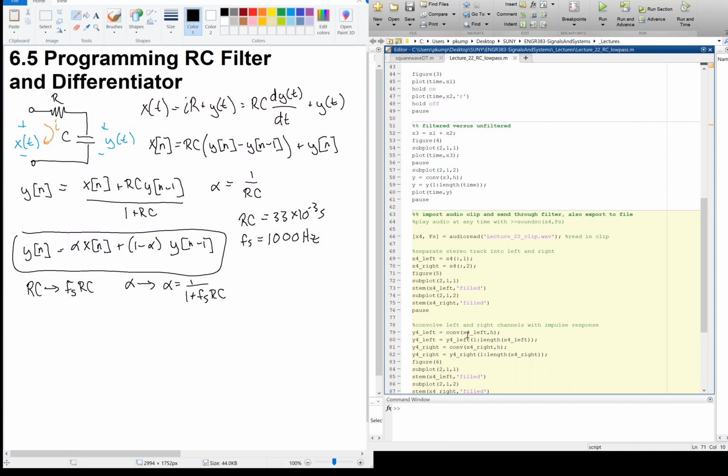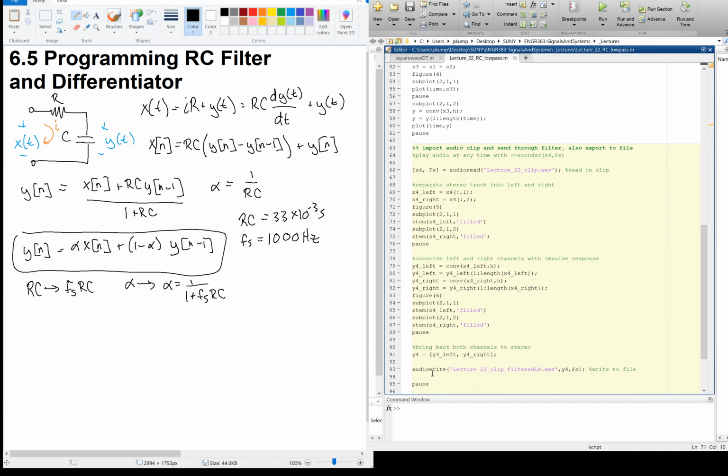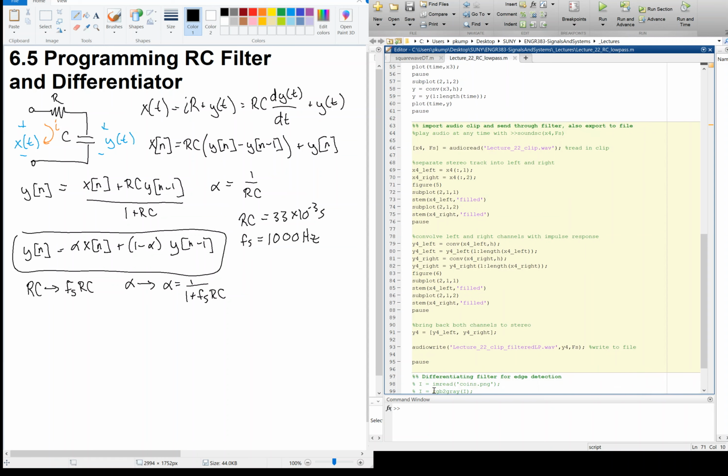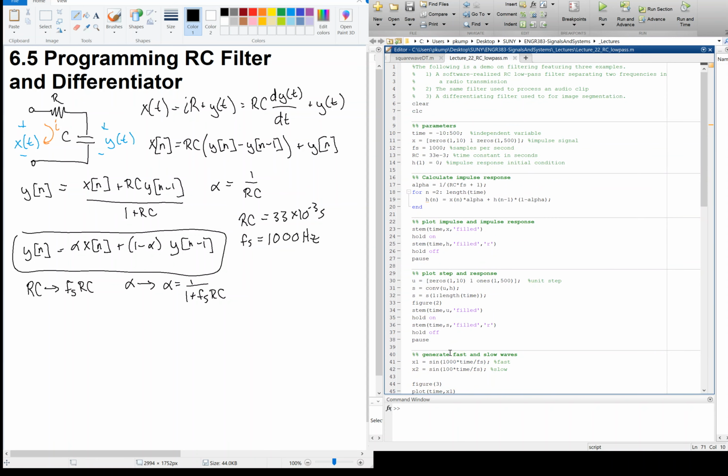I'm going to convolve the left channel with the impulse response, and that makes the output left channel. And then I'm going to convolve the input right channel with the impulse response, and that makes the output right channel. We're going to look at those, and then I'm going to bring them back together in stereo, Y, the output, and we're going to listen to Y. We're going to write that to a clip, and we're going to listen to it. And then I have another demonstration, but we'll get to that in a second.